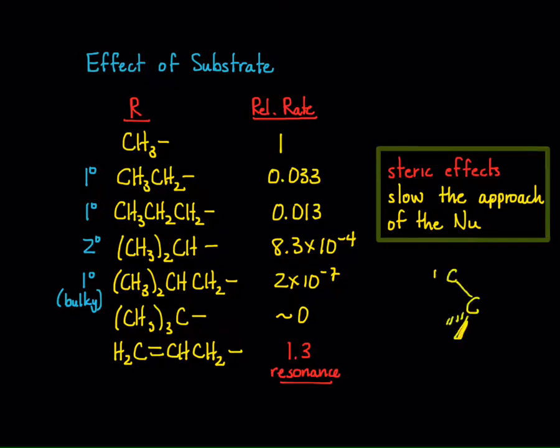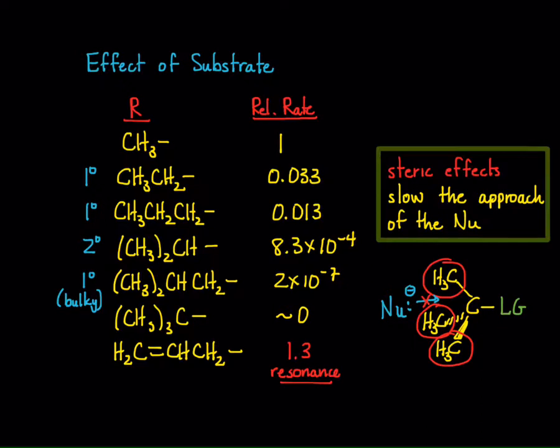And even so much so that when I have a tert-butyl halide, or a tert-butyl group with a leaving group, those methyl groups are surrounding that carbon such that the nucleophile can't get to that carbon at all, and therefore the reaction doesn't take place, right? So we see that the substrate plays a crucial role in that SN2 mechanism.